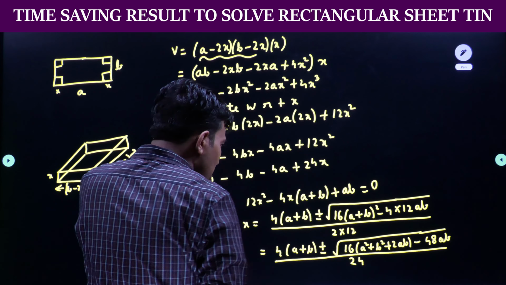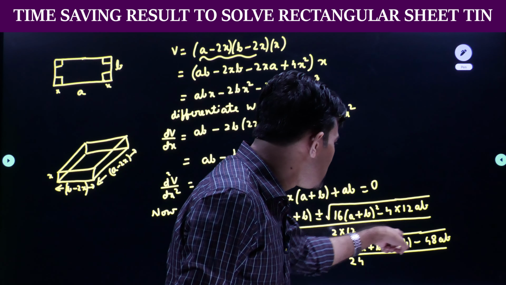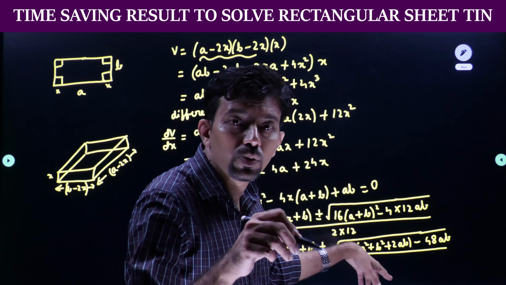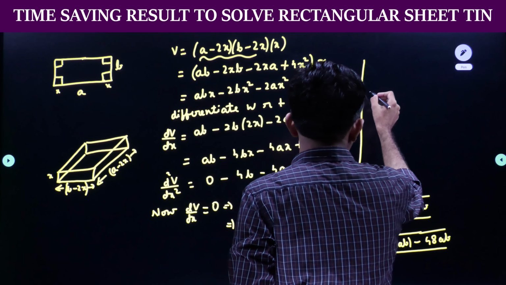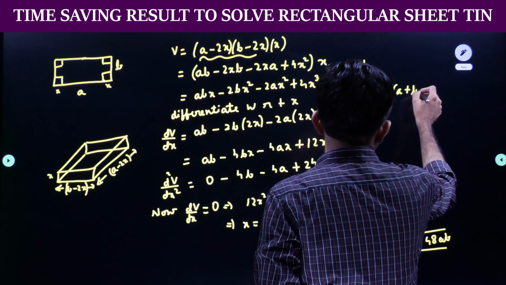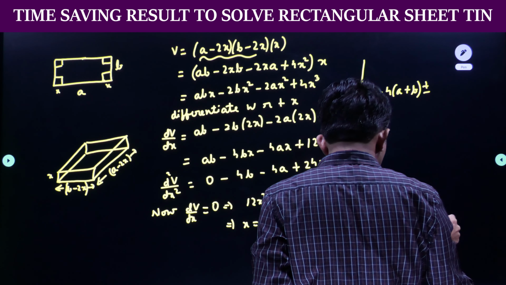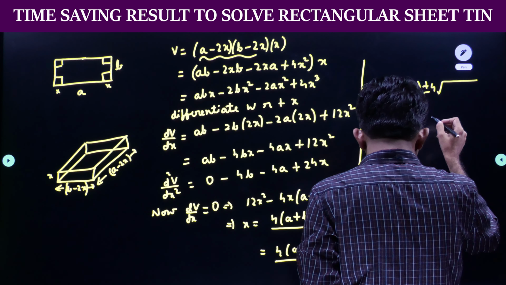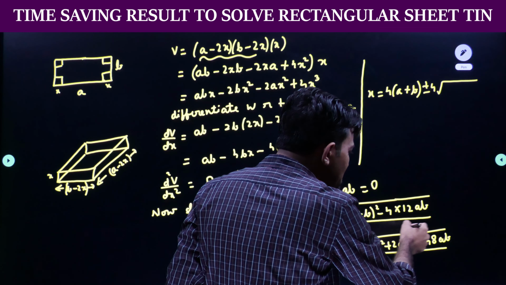Simplified, 16a square plus 16b square, I can take 16 common. Root 16 is 4, so 4 comes out. The value of x is 4 times a plus b plus or minus 4 times root of what remains inside: a square plus b square plus 2ab minus 3ab, because 16 ones are 16, 16 threes are 48.